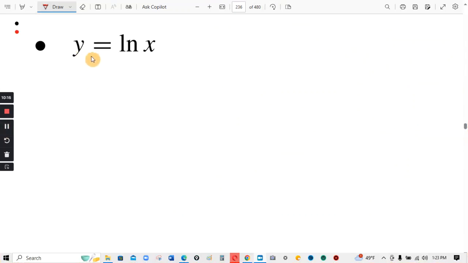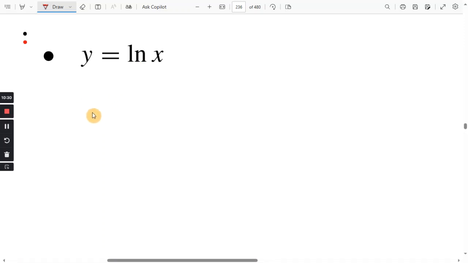All right, here we have y equals ln of x. We're going to convert this to exponential form. And I like to do it by using the cancellation property. ln of x is the same as log base e. So I'm just going to rewrite that so people are not confused. ln of x is the same thing as log base e of x.